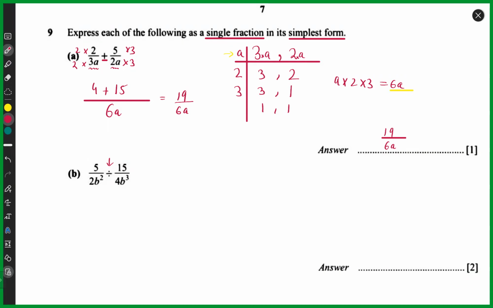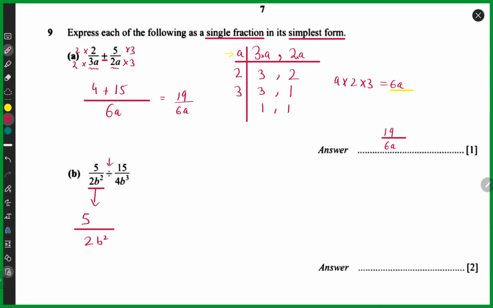The second question is 5 divided by 2b squared, division sign, 15 divided by 4b cubed. Now we know we have two fractions with a division sign. How do we deal with it? This is the most interesting case. So the first fraction comes directly. This is 5 divided by 2b squared.